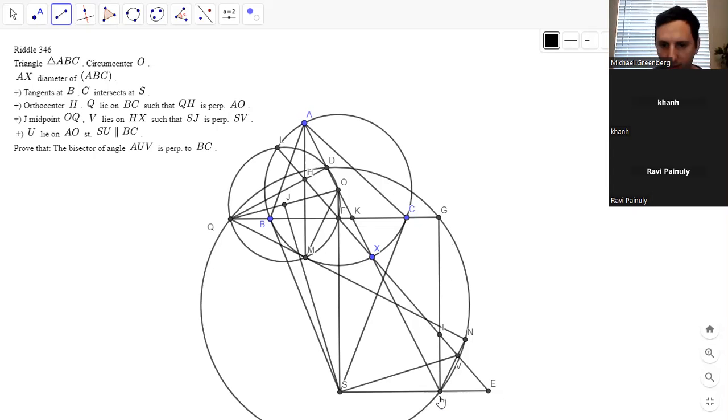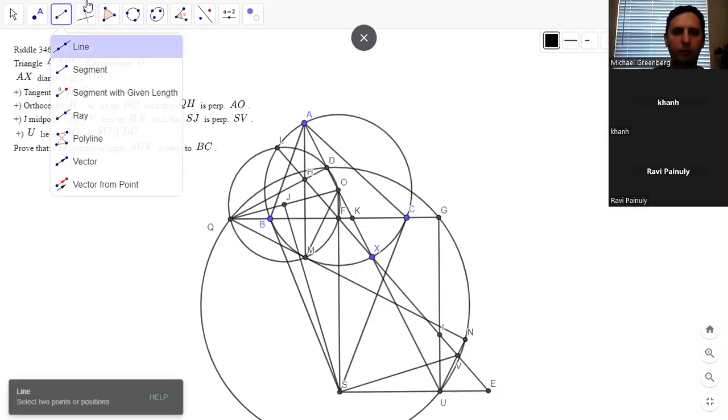V goes to N, I goes to G, X goes to D. So we have NGD. Basically we want to show we have a harmonic quadrilateral.